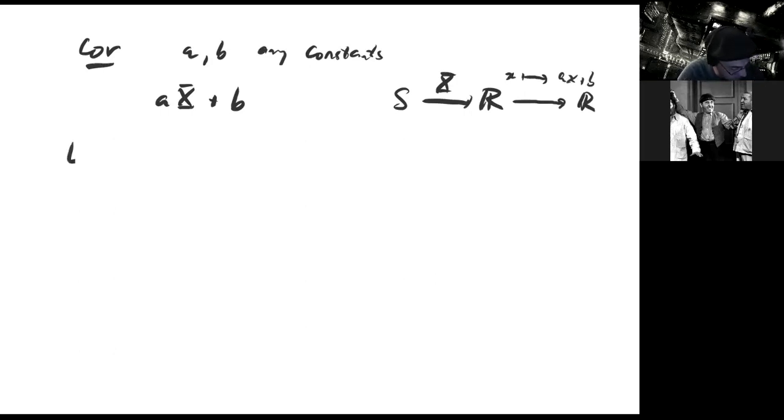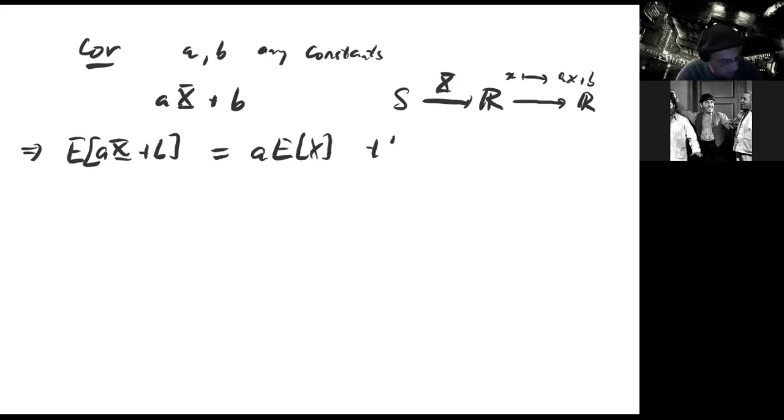So what is the expected value of that new guy? The claim is that this is the same thing as a times the expected value of X plus b. And I'm going to give you the proof of the corollary. So what is the expected value of aX plus b?